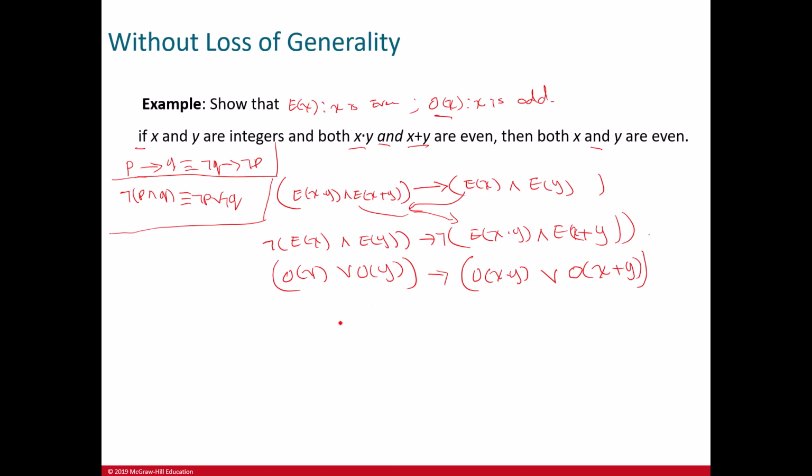So in order to prove this, I need to assume this side, and then I have to show this one follows. But we notice that this involves the or. So we recall that when we have something like that, I need to use proof by cases. Let me just remind us what that means.